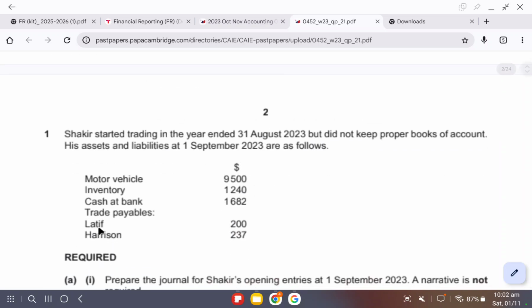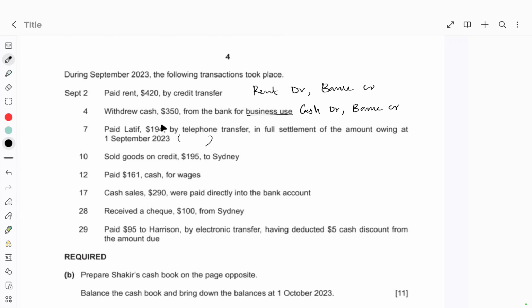How much is Latif's balance? 200, right? 200 was the amount payable to the trade payable. That is the amount owing at 1st September, which means its opening balance. So that is 200, right?